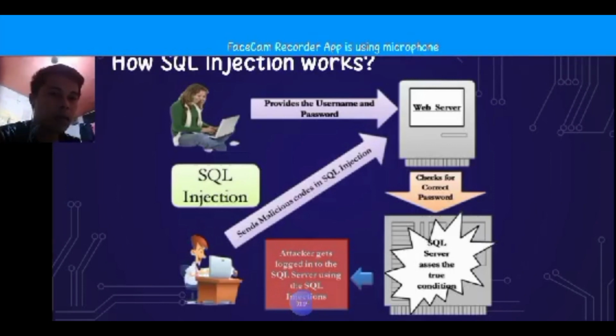After that, the web server checks for the correct password. If the attacker successfully logs into the SQL server using the SQL injection, he or she gains the authority to do malicious things to the data.